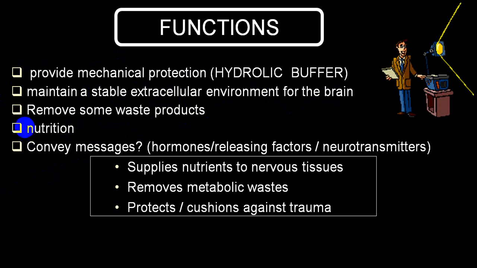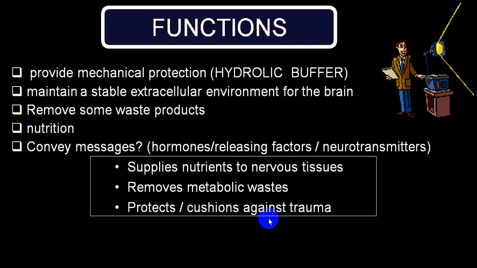It also conveys messages by transporting hormones, releasing factors and neurotransmitter substances. And it protects the brain from injury by acting as a hydrostatic buffer, that is, a cushion against trauma. That is the main function.